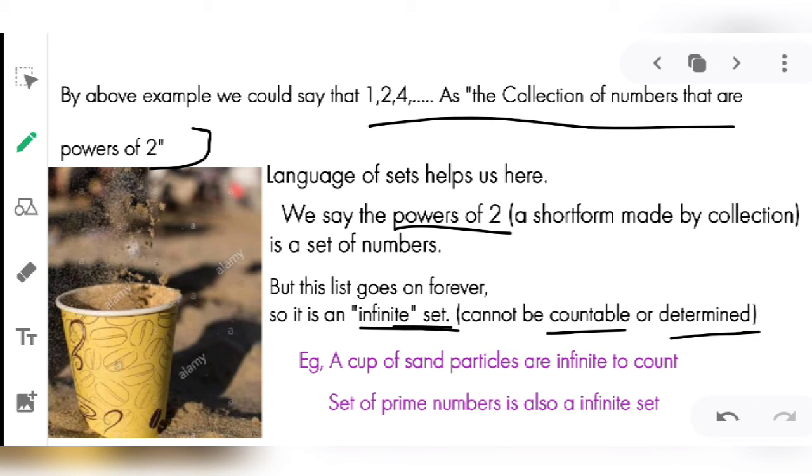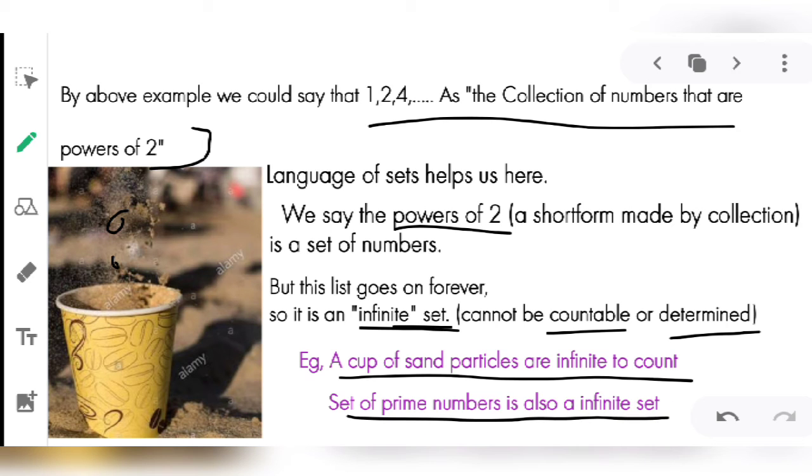Okay. For example, for a cup of sand, we cannot count the sand particles in this cup of sand. So this may be an infinite set. And also the prime numbers are infinite, because for prime numbers up to 10 we can say, and prime numbers up to thousands also we can say, but the prime numbers up to crores we cannot determine.